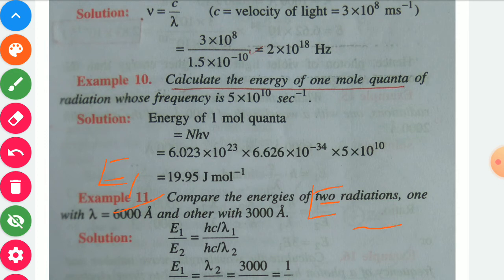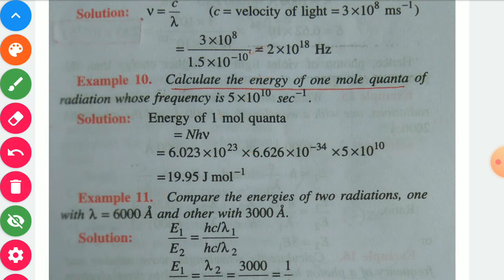Then we write E1 upon E2. In this question the wavelength is given, so we know that energy E is equal to hc upon lambda. In place of the first one we write lambda 1, and for the second one E2 is equal to hc upon lambda 2, and then we may compare these energies.